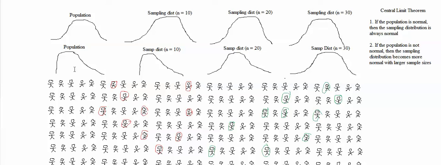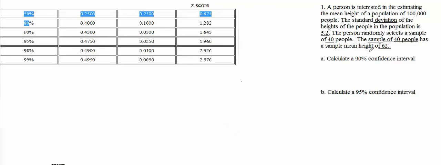And if the population is skewed, then the sampling distribution will be roughly normal because of having a big enough sample size. So we know that we're dealing with a shape that's at least roughly normal.